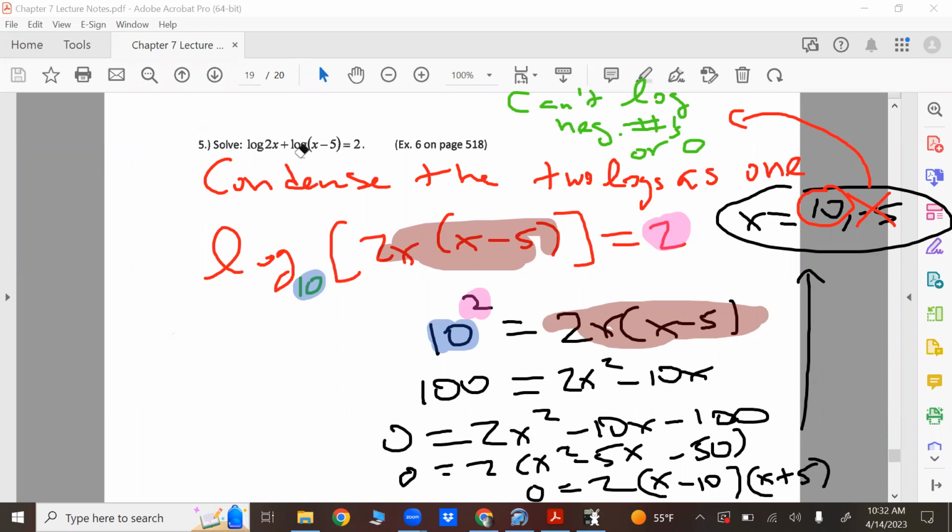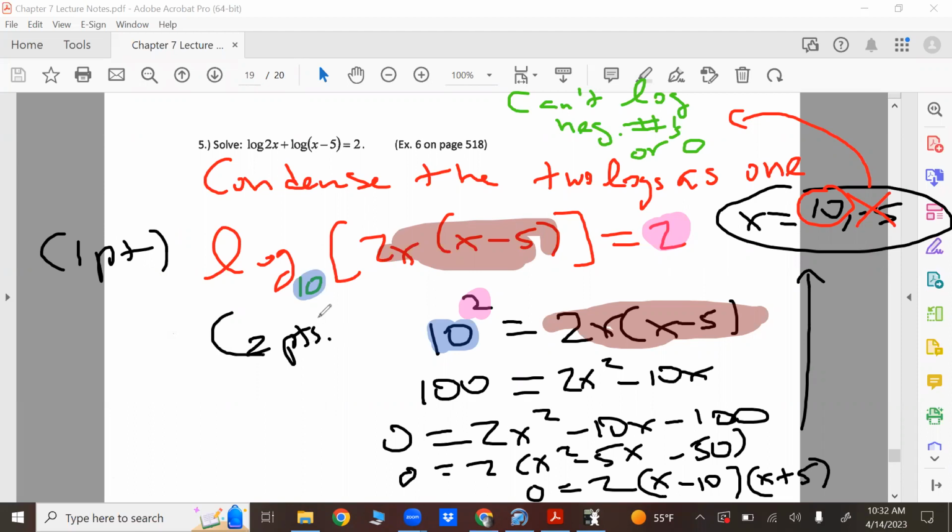Another thing I needed to say about this: how would this actually be scored? I probably would do this, just in case you guys are curious. I'll probably make this part worth 2 points because you have to combine the logs. Actually, no, I lied. I'd probably make that worth 1 point. This right here would probably be worth 2 points.